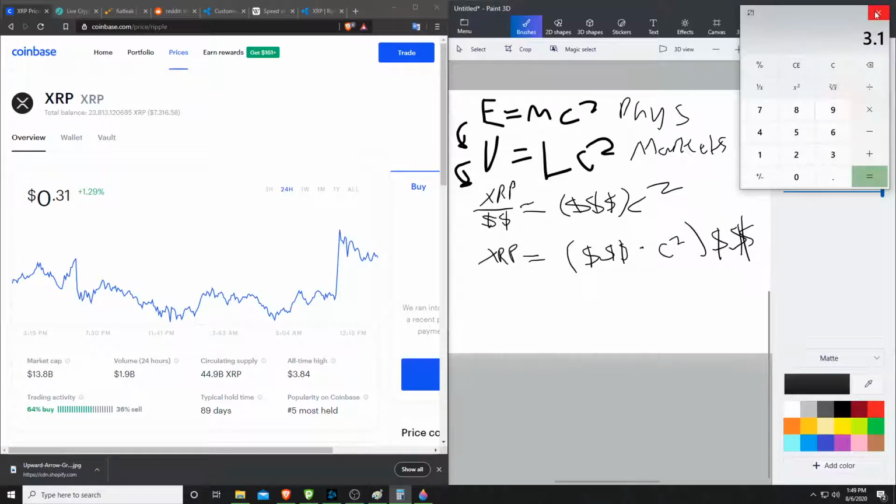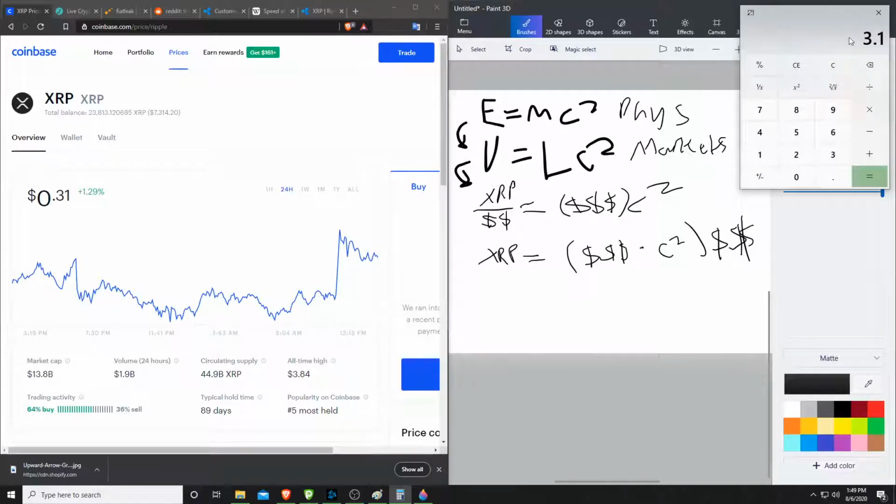So right now, our 3.1 XRP, as you can see from this, we've already put through the denomination of dollar bills.